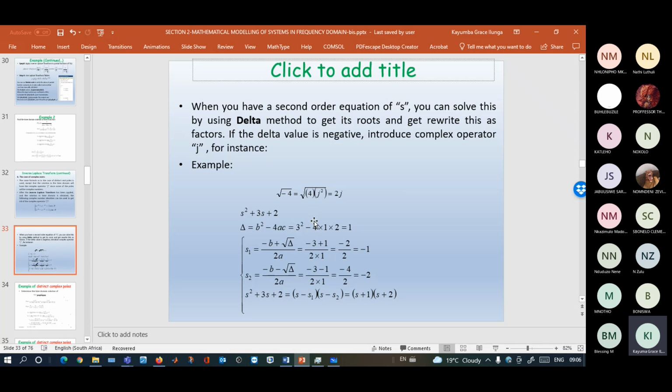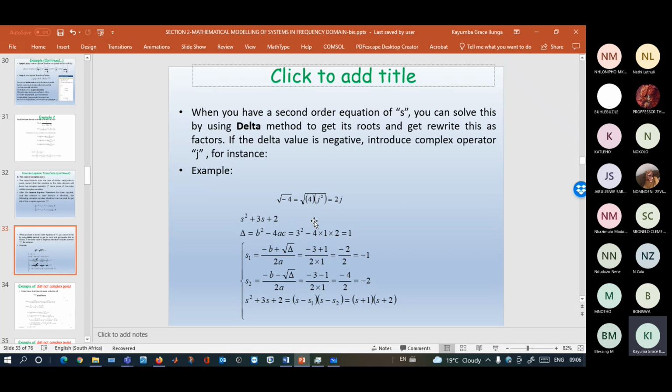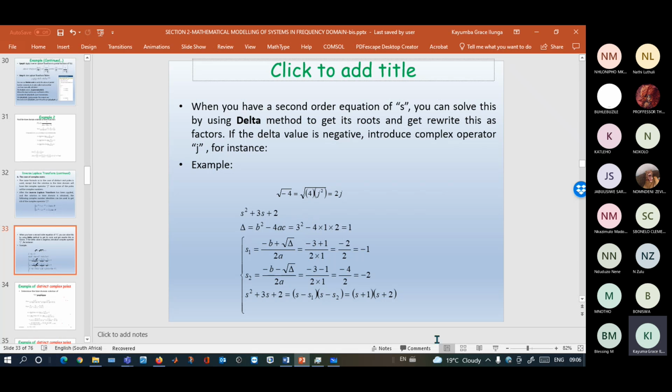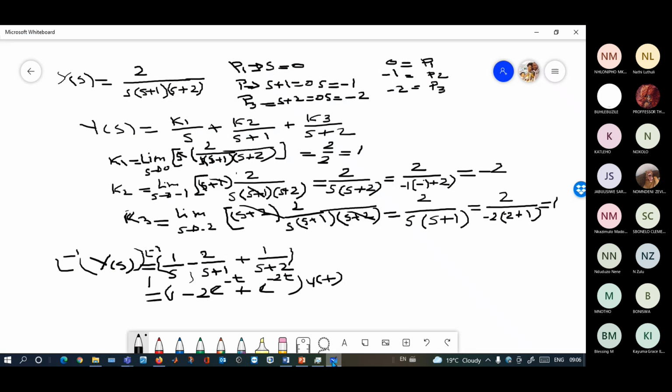But I just want to remind you of something very simple that you might all know. It's the quadratic equation, which is very important in this case.